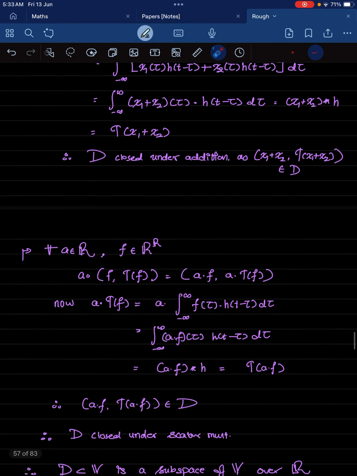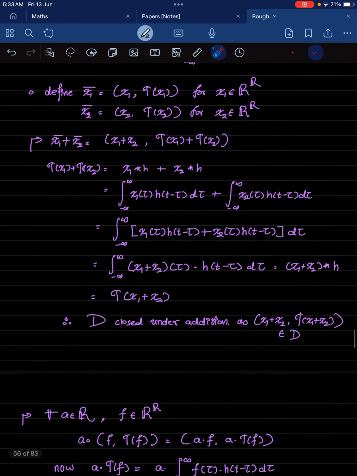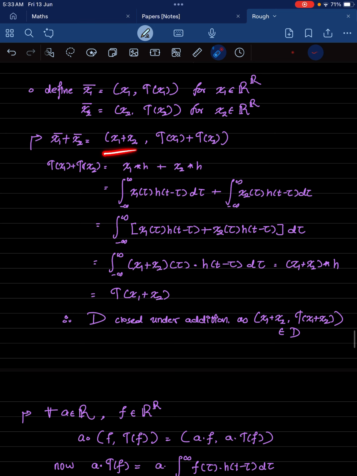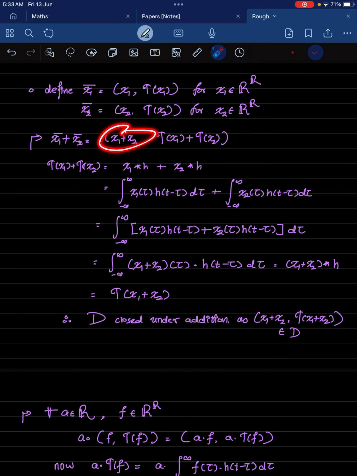And what we just did right now, we just proved that the input output pairs form a vector space, and by virtue of doing so, we have also proved that T of x1 plus x2 — let's say x1 and x2 are known inputs, so their outputs are known — so x1 plus x2 yields T of x1 plus T of x2, which is the same as T of x1 plus x2.